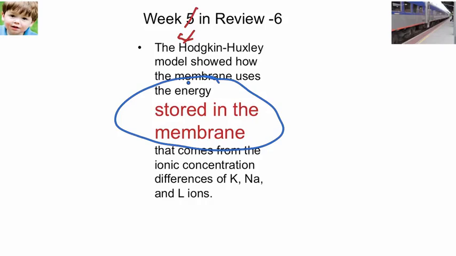They got it in there by including those batteries, EK, ENA, and EL, that were the encapsulation of that balance of the forces of diffusion and the forces of the electric field that we had talked about so extensively before.